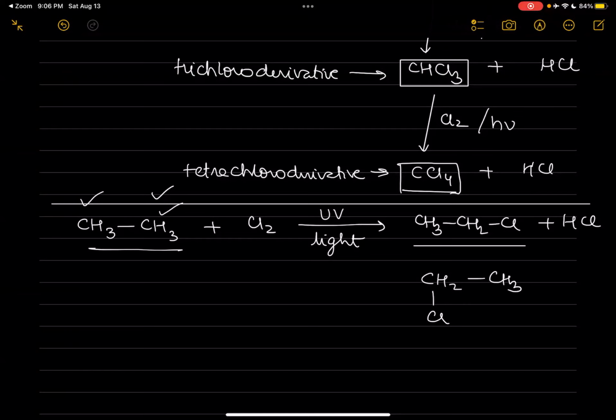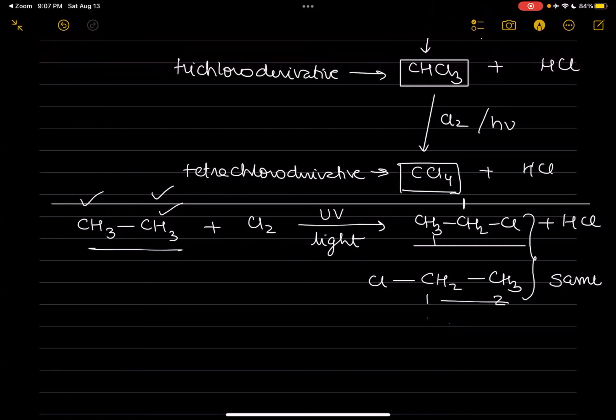Both are the same. Because if you turn it like this, the Cl will come on the right hand side, and there are only two carbon atoms, both are the same. And this is one chloroethane, and this is also one chloroethane.